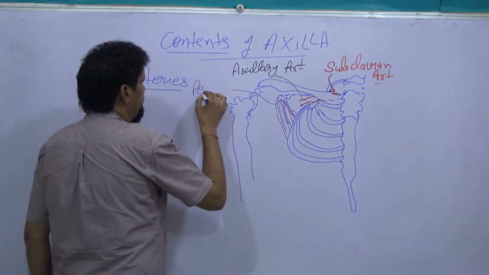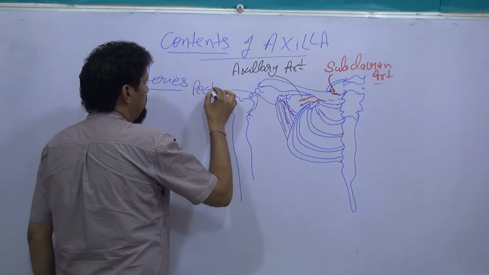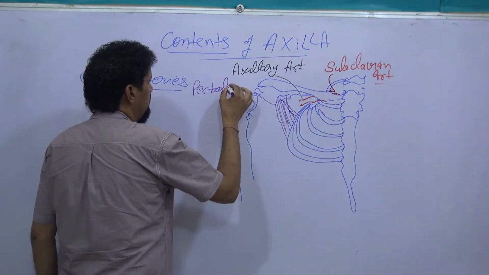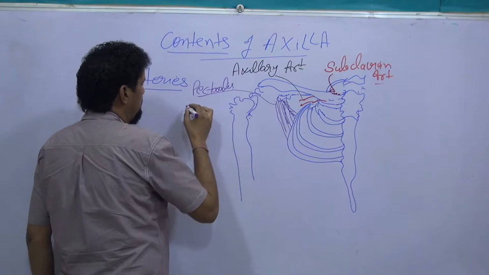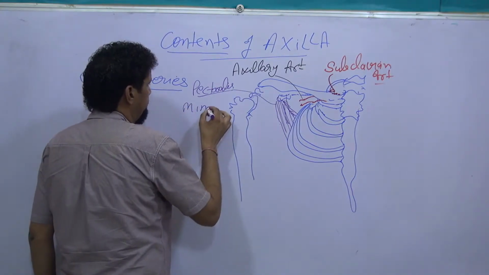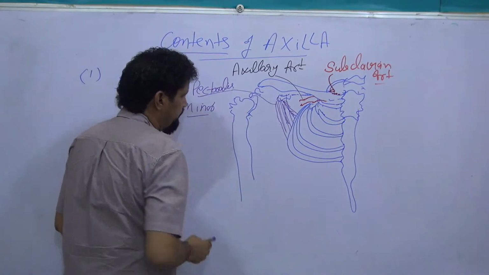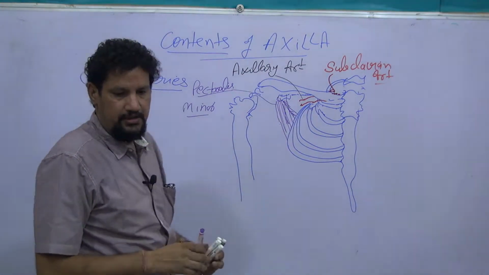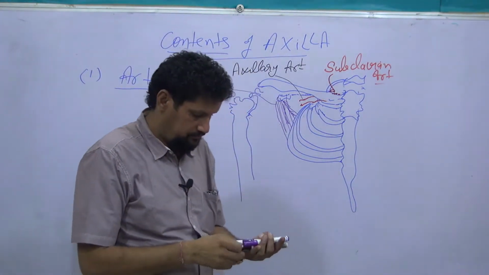This is pectoralis minor muscle. This muscle is the key muscle of the region.